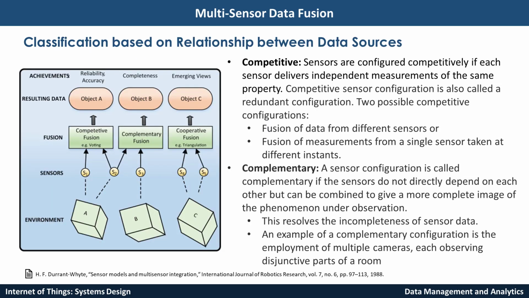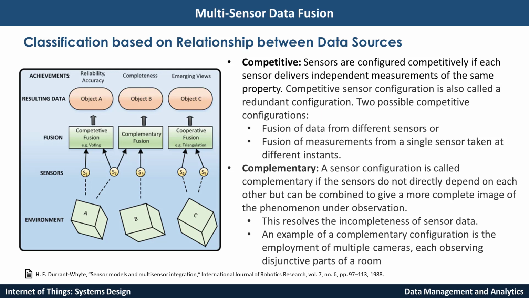We can classify fusion into 3 categories based on the relationship between the data sources. The categories are competitive fusion, complementary fusion, and cooperative fusion. In competitive fusion, the sensors are configured to competitively and independently measure the same property. So maybe 2 different cameras, 2 different temperature sensors.